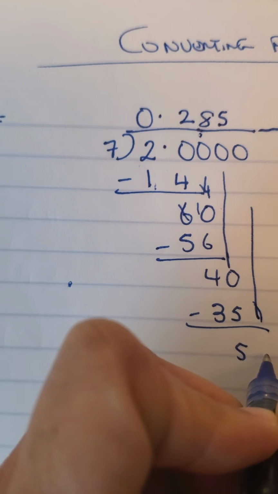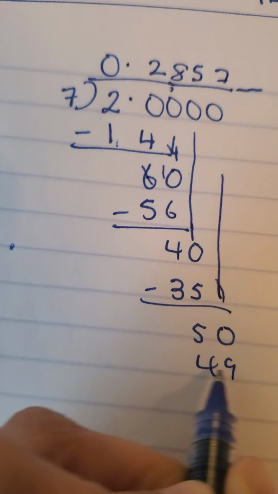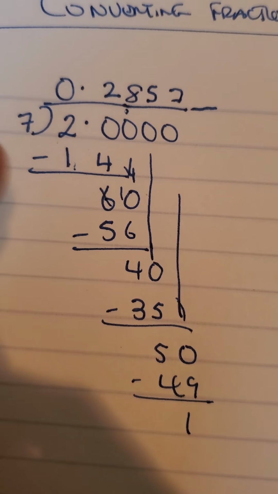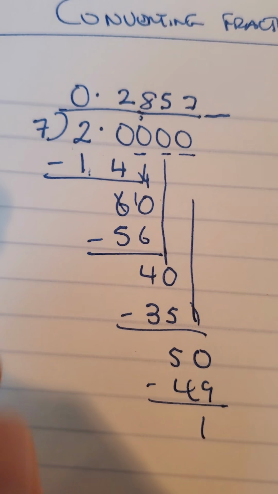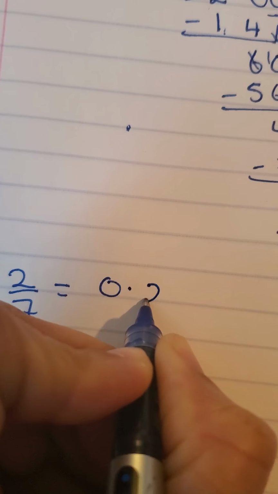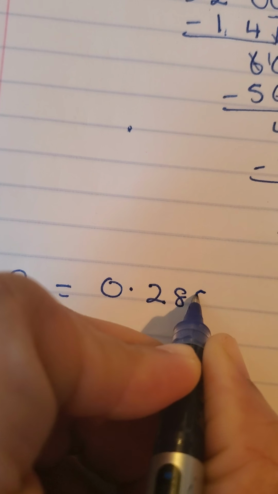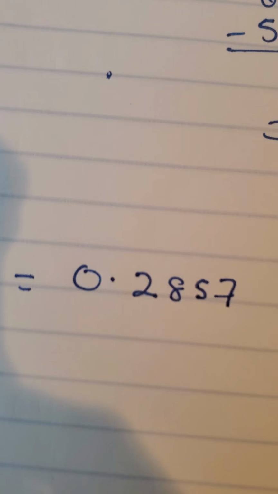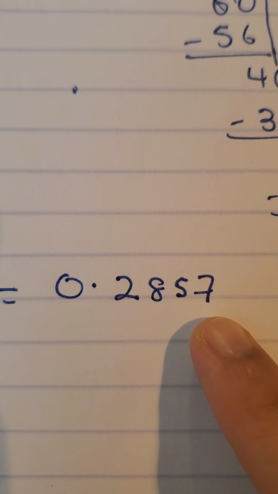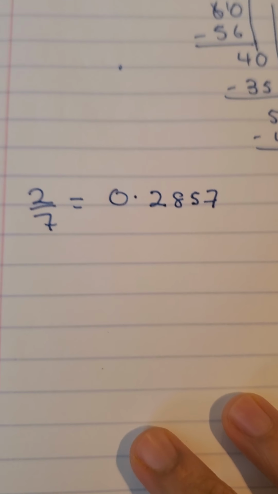I bring down another 0, and I have 7 times 7 is 49. As you can see, I could keep adding zeros the whole time, but I'm going to stop at the 4th zero. My conversion of 2/7 as a decimal is 0.2857, or this is actually 2,857 ten thousandths, right?